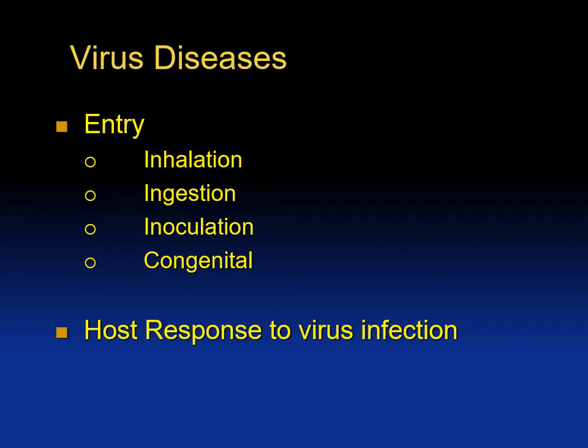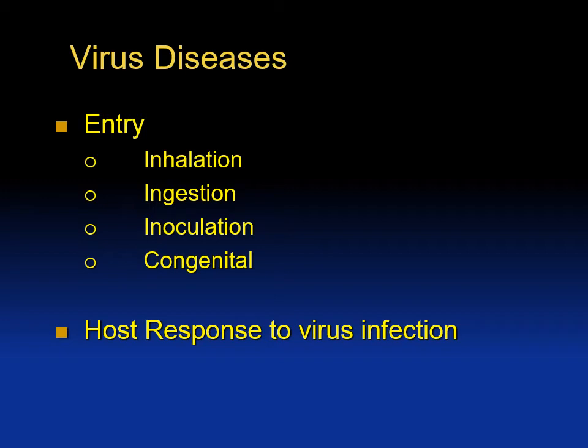Among the other ways of entry into the body is congenital transmission, meaning that the virus is transmitted from the mother to the fetus during the pregnancy stages. Now, this, as we said, leads to the entry of the virus into our body.